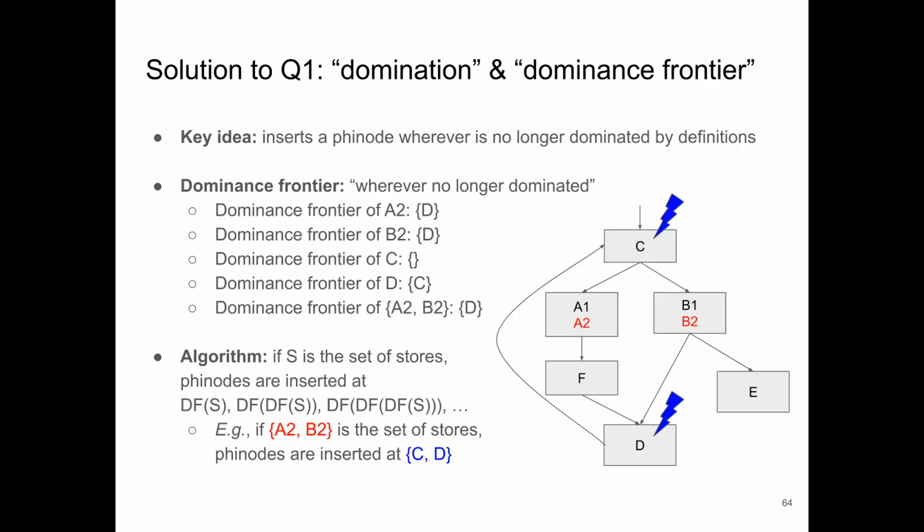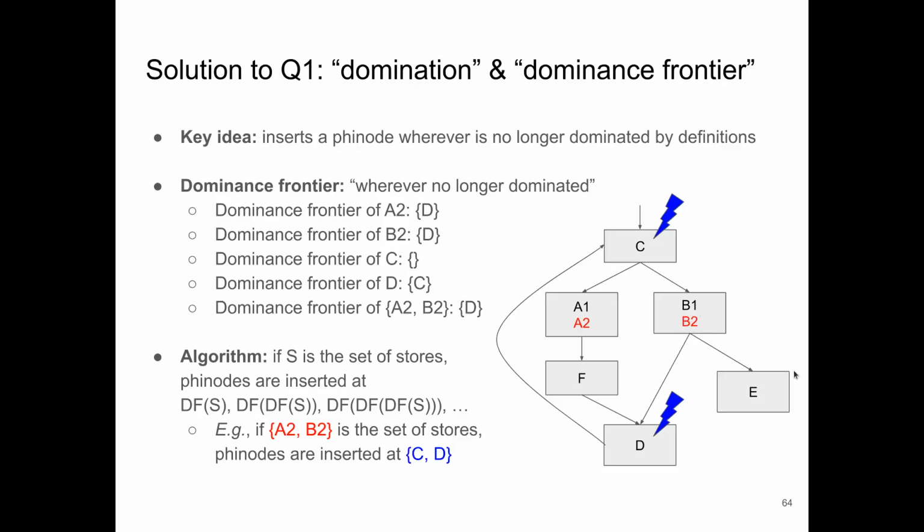Depending on the control flows, the value stored in X is different. If the control flows from this F, then the value should be the one stored at this line, A2. And if the control flows from this B to D, then the value stored in X should be the one stored here at B2.